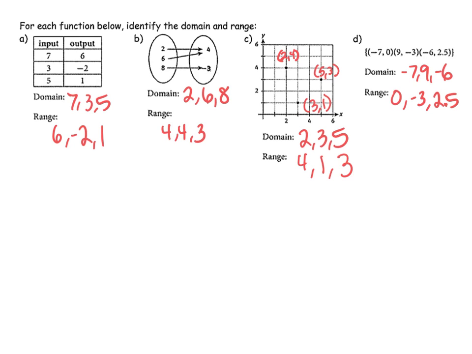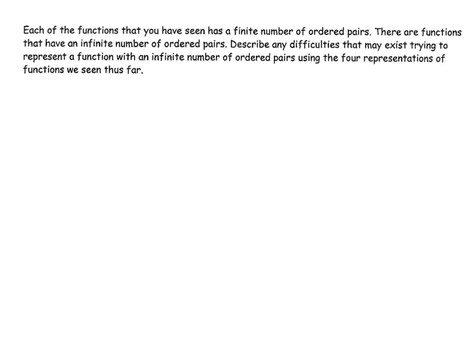Okay. Moving on. Each of the functions that you have seen has a finite number of ordered pairs. Finite number means that I only gave you like 3 or 4 ordered pairs. The question is asking you to describe a difficulty that may exist if I want you to write down the domain and range of an infinite number. Infinite means hundreds and thousands.